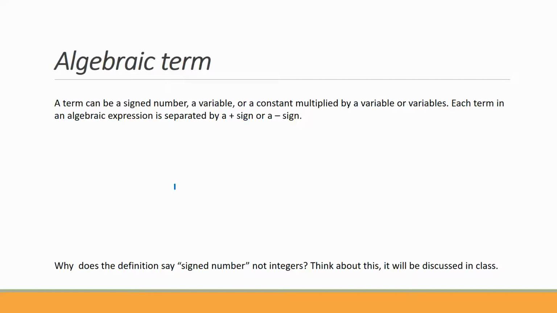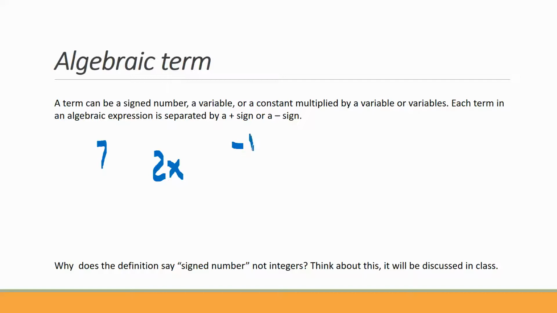An algebraic term can be a signed number, a variable, or a constant times a variable or variables. Each term in an algebraic expression is separated by a plus or minus sign. So an algebraic term could be like the number 7. That's an algebraic term. 2x is an algebraic term.